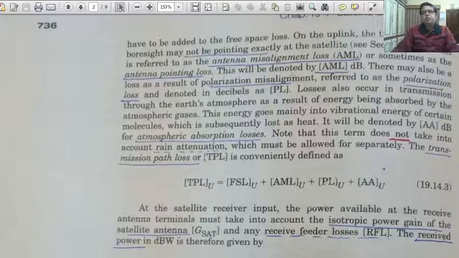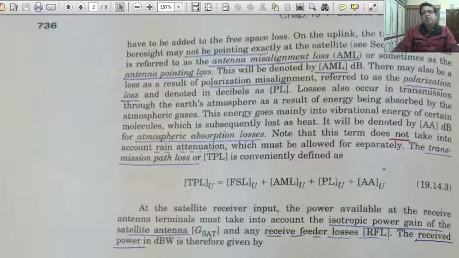This will be denoted by AML dB. There may also be loss as a result of polarization misalignment, referred to as the polarization loss and denoted in decibels as PL. Losses also occur in transmission through the Earth's atmosphere as a result of energy being absorbed by the atmospheric gases.